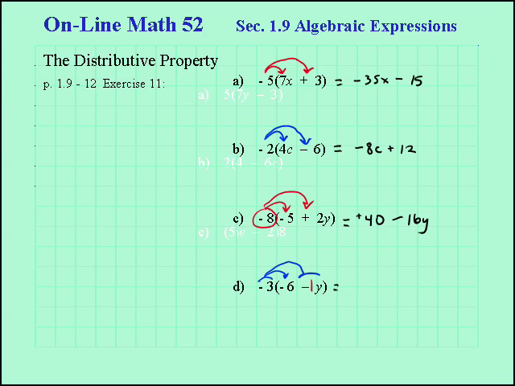Negative 3 times negative 6, positive 18. Negative 3 times negative 1. Negative times negative is positive. Negative 3 times negative 1 is a positive 3. Positive 3y. Boy, I almost made that harder than it had to be, huh?